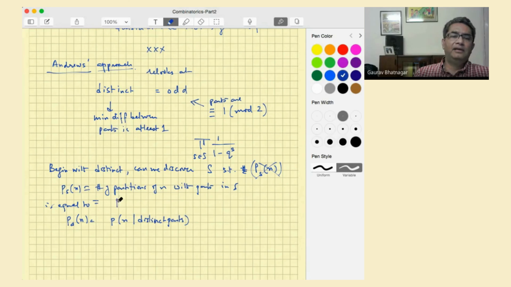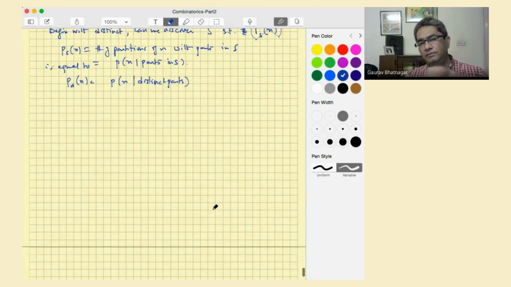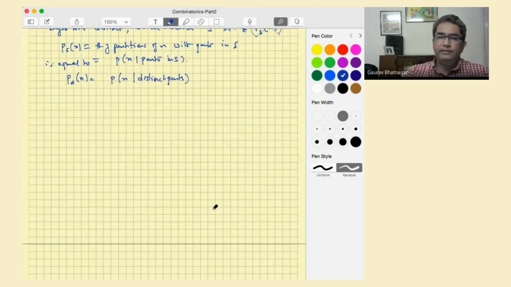I mean, in our earlier notation, this was parts in S. This is better notation, but in any case. Okay, so how he does that, he lists them. So let's list them.